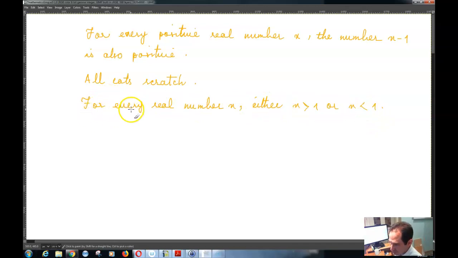So you could say there is a real number x such that x is equal to 1, I suppose.